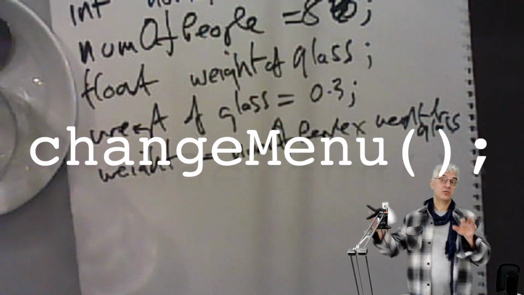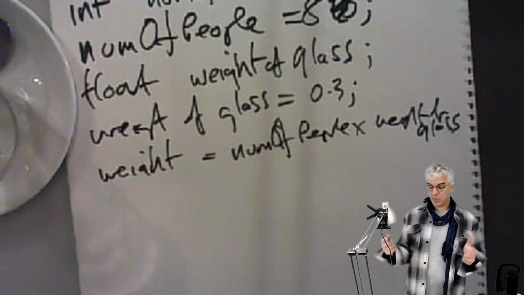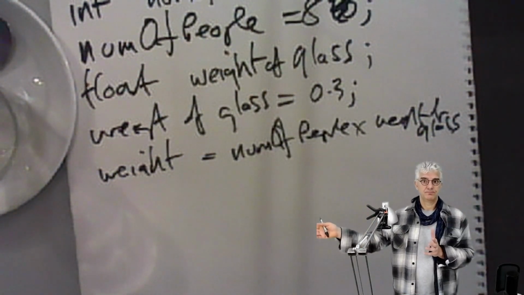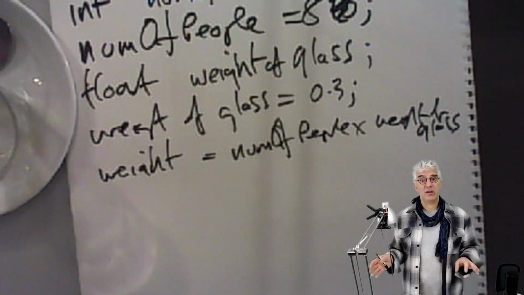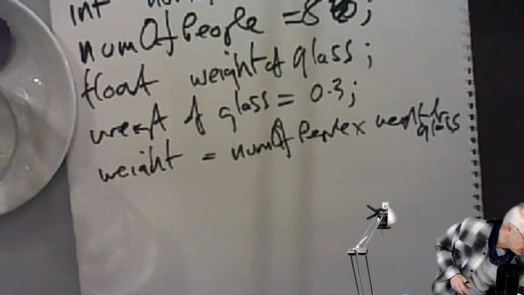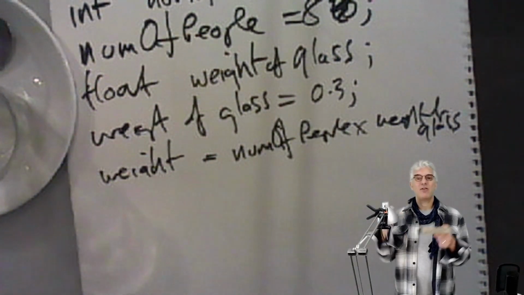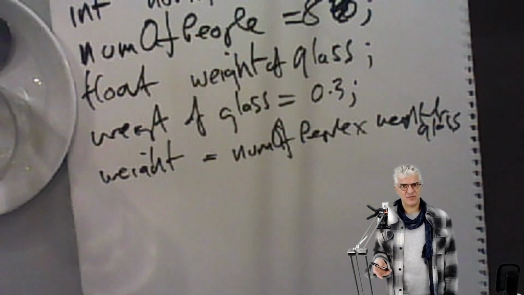If the weather equals hot, change the menu. If number of people is over 100, check with the police. If the number of people is less than 1, nobody's coming, cancel the barbecue. So I can use these variables as places to store things that vary, that change. And that's a messy introduction to variables.